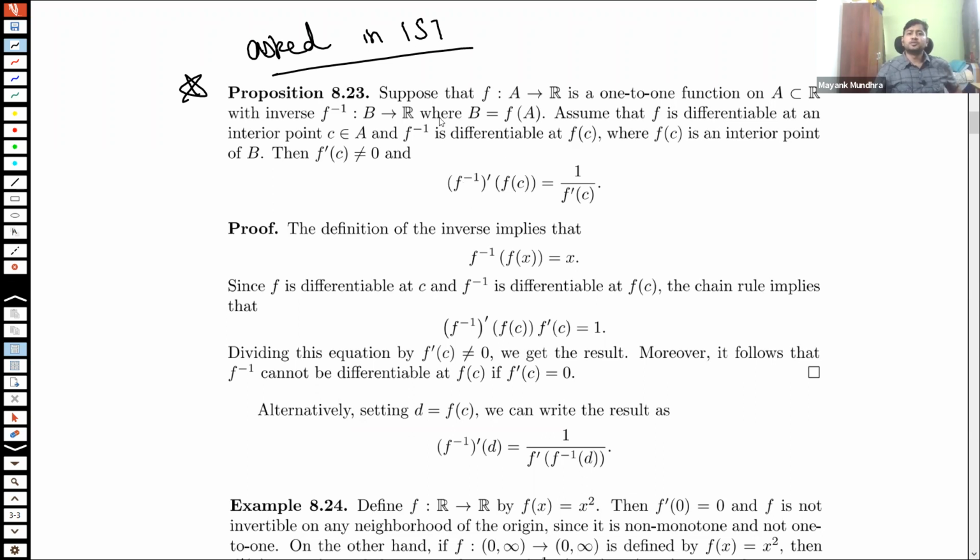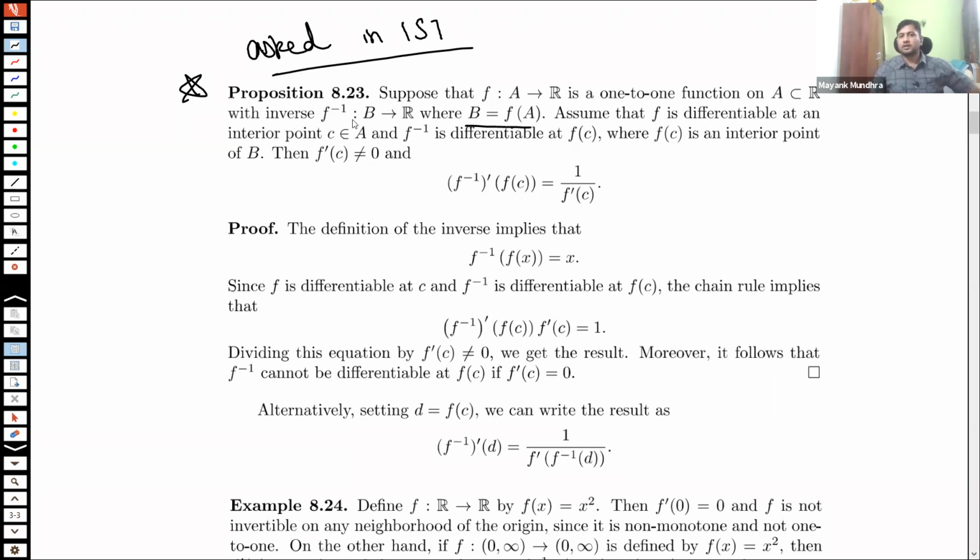So what is this proof? So suppose f is a one-to-one function with some inverse f inverse. So f inverse is the inverse of f. So this b equals f of a. These are all just there to establish that f prime exists neatly.